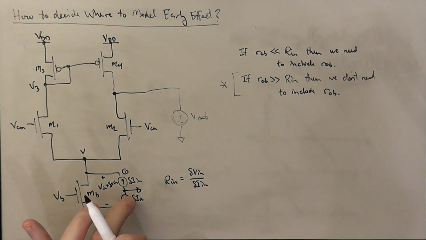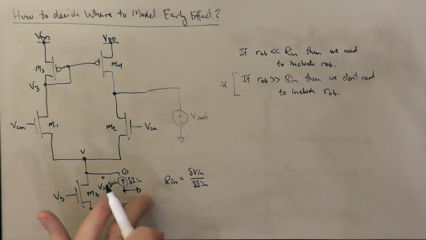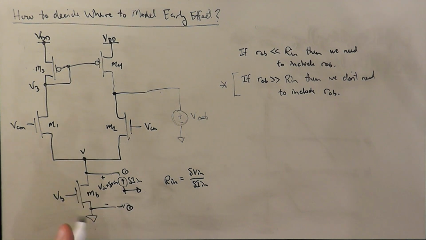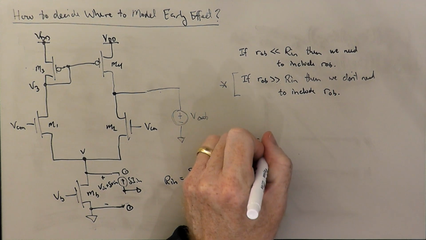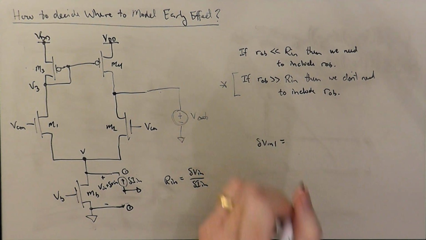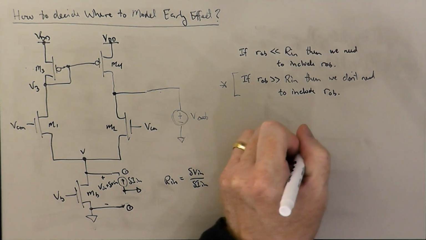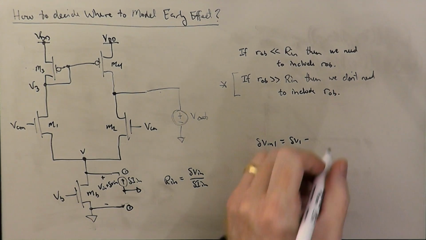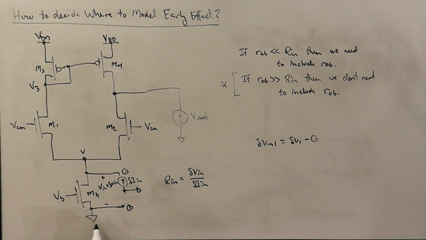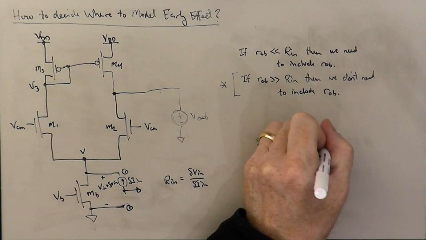And we open up source 2, turning off source 2, considering the change in the voltage across the transistor here due to replica source 1. So delta Vin1 would equal delta V1 minus 0. This side, notice, is connected to ground, right? So that side is 0, so it's just delta V1.